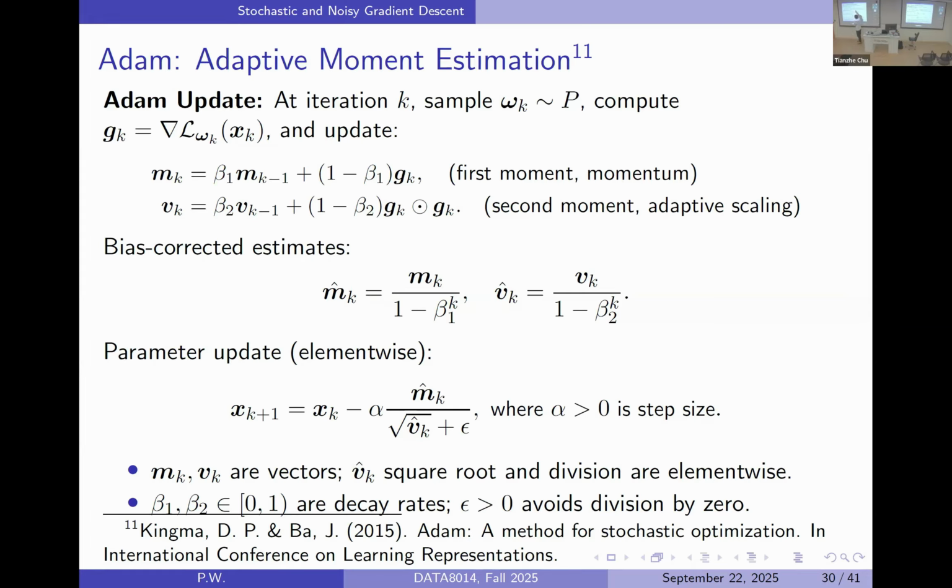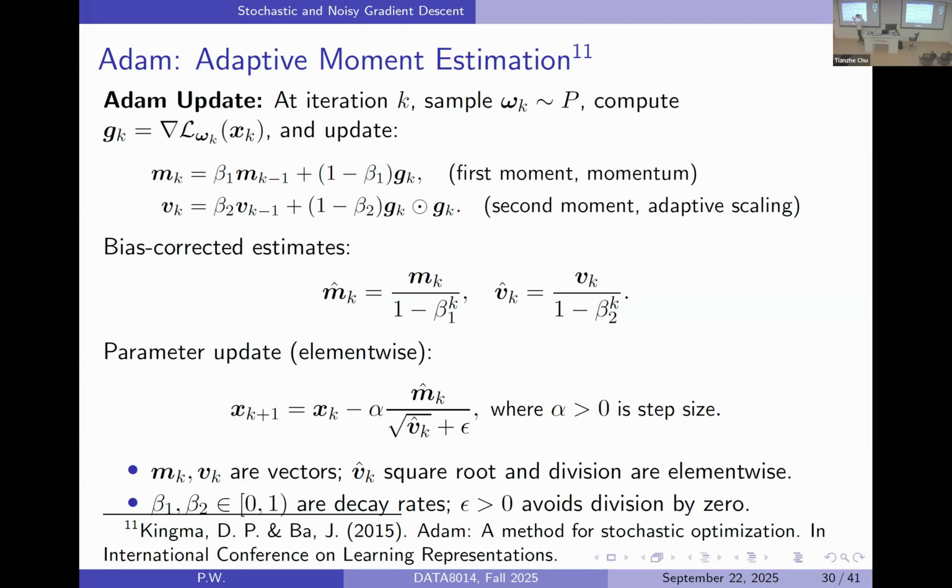Second, use the second moment information, which is like a scaling of the gradient, the element-wise product of g_k, and construct another auxiliary point v_k. This not only uses the momentum method as usual, but also has a very clever design here.